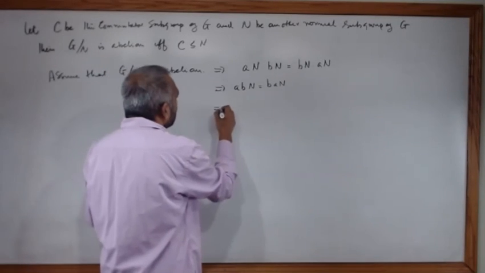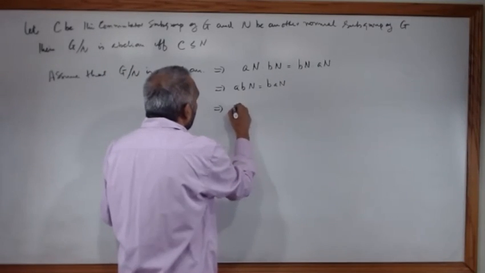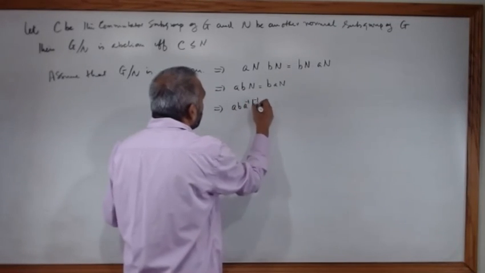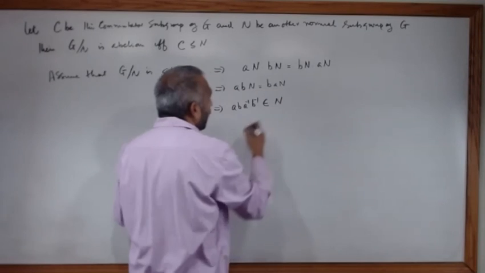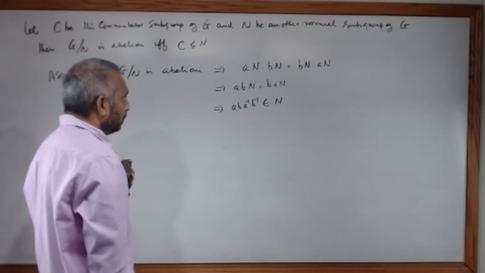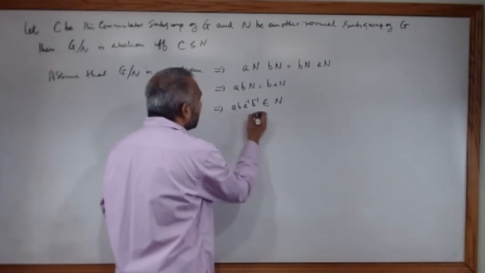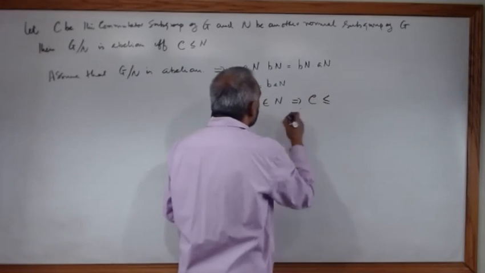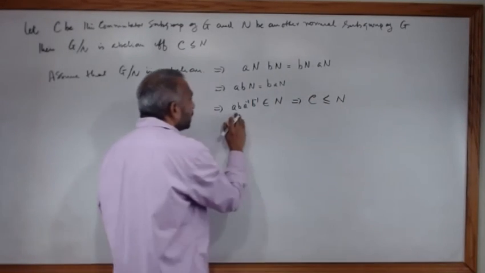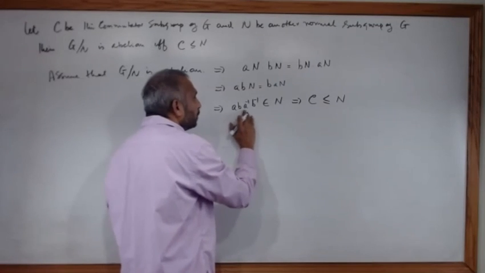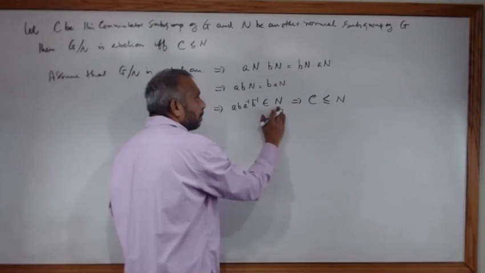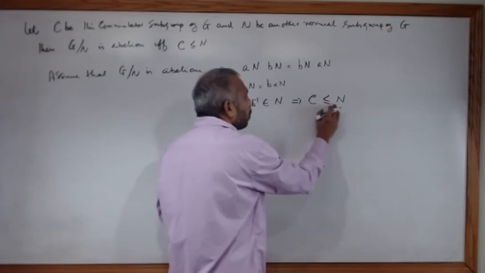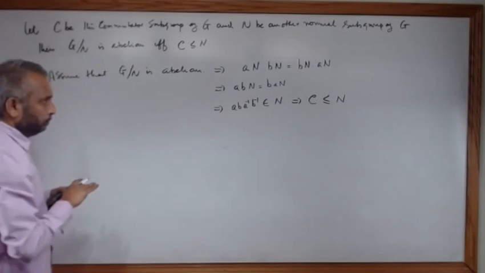And that implies A inverse B inverse AB belongs to N. And this is in C. These are the elements from C, and that is in the normal subgroup. So C is a subgroup of N.